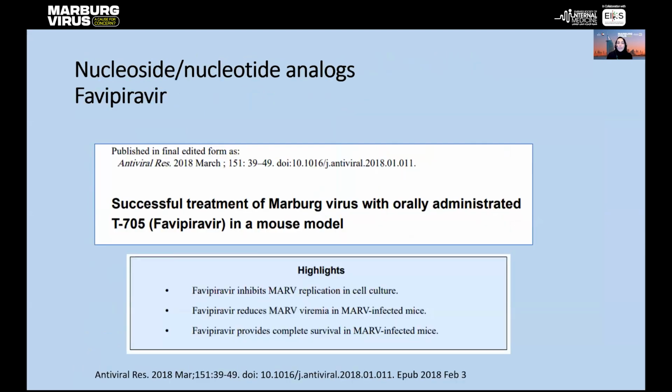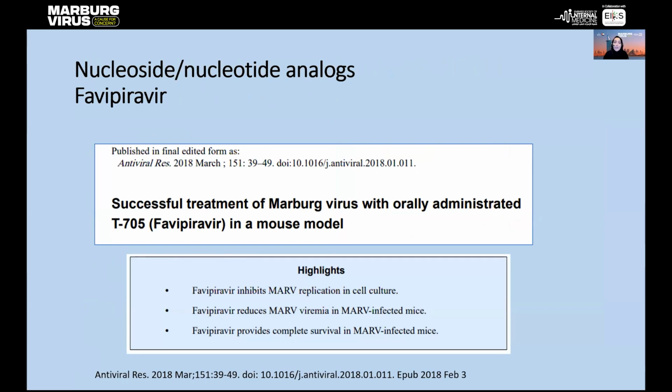Then there were also other studies in animals to look at favipiravir. A study showed that favipiravir inhibits the Marburg virus replication in cell culture. It also reduced the viremia in infected mice, and it provided complete survival in infected mice.